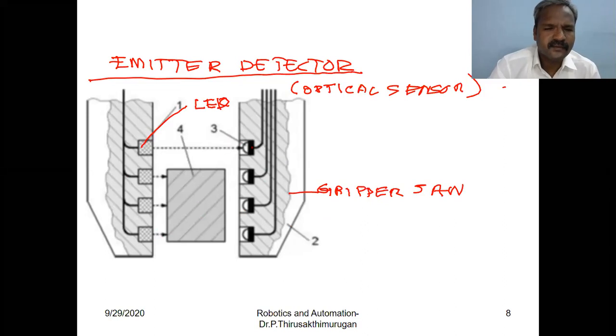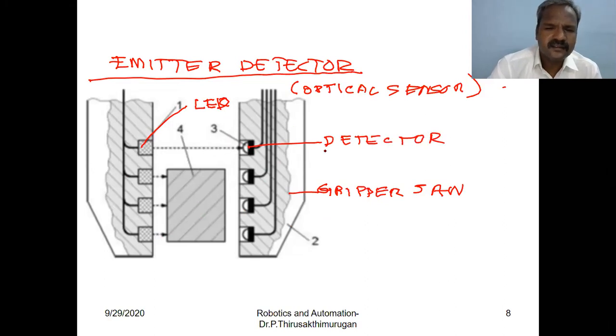Three is either a photodiode or a phototransistor, that is the detector. This LED is the emitter and this is the detector. The detector is, for example, a photodiode. Four is the gripped object.